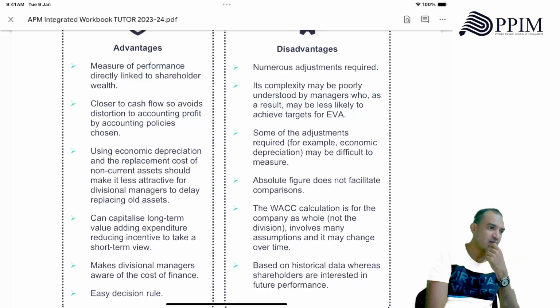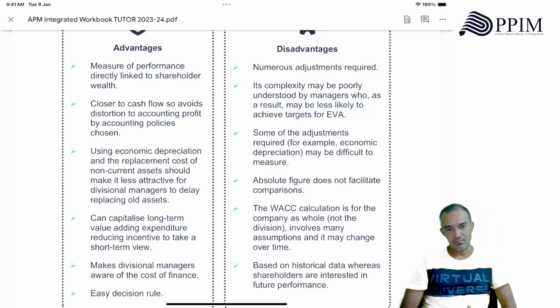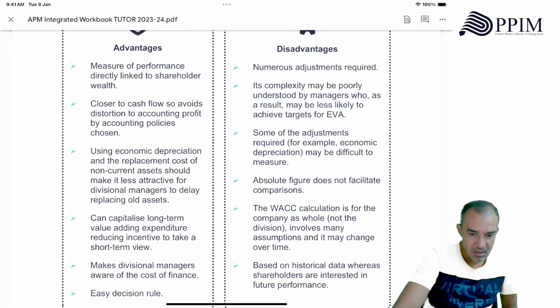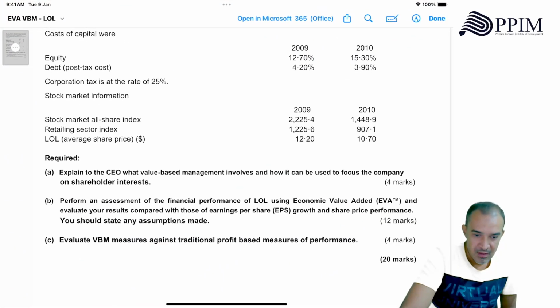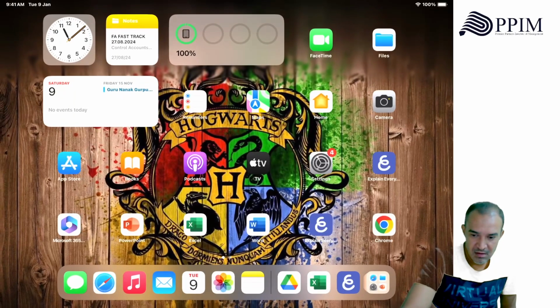Two positives and two negatives. Now pay attention. The question says, evaluate VBM measures.